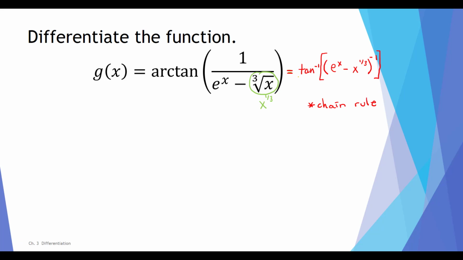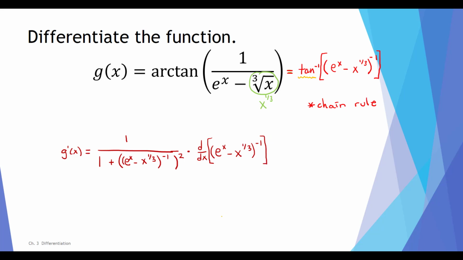Our outermost function is tangent inverse, and I know that the derivative of tangent inverse is 1 divided by 1 plus the inside squared. The inside currently is (e to the x minus x to the 1/3) to the negative 1 power. And then the chain rule says that I multiply that by the derivative of the inside, which is (e to the x minus x to the 1/3) to the negative 1 power.